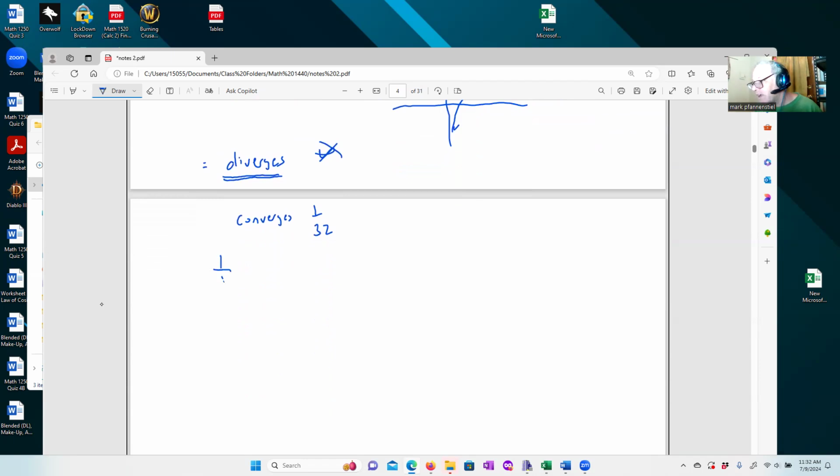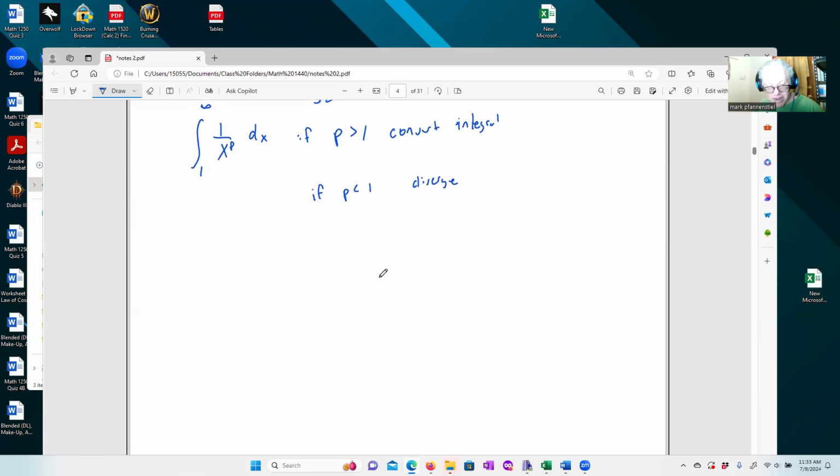So if you have 1 over x to the p from 1 off to infinity, if your p is greater than 1 by even a tiny bit, then we're going to have a convergent integral. If your p is less than 1, even by a tiny bit, then the integral will diverge. So 1 is kind of a break point, but 1 diverges.